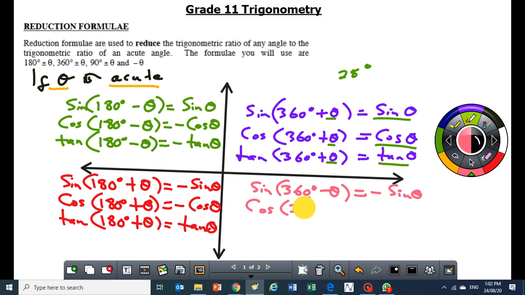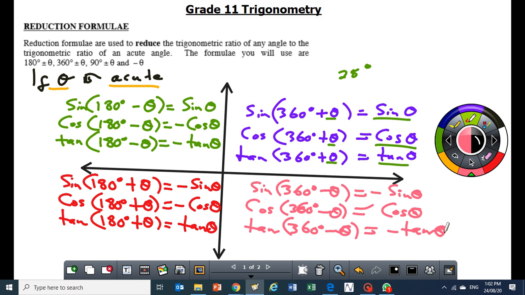Cosine of 360 degrees minus theta is going to be equal to cos theta, because cos is positive in the fourth quadrant. Then for tan, tan of 360 degrees minus theta is equal to minus tan theta. Okay? So I'm done with 180 plus or minus theta, and 360 plus or minus theta.